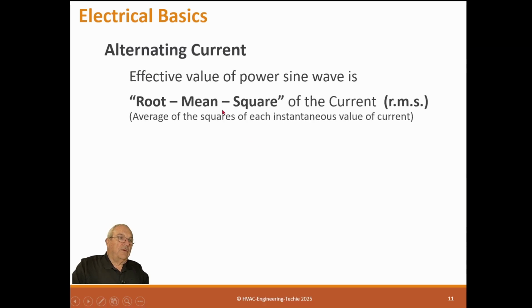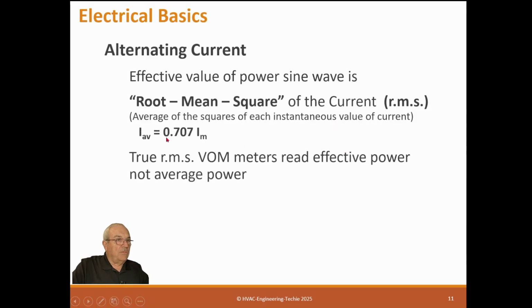The effective power in a sine wave is the root mean square of the current, represented by RMS. It's the average of the squares of each instantaneous value of current. So I equals 0.707 of the maximum.